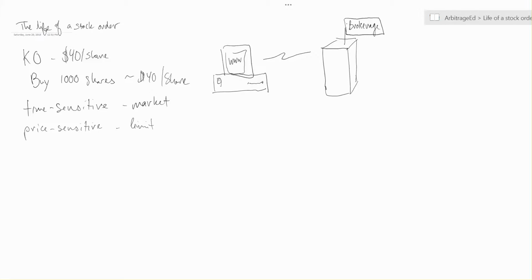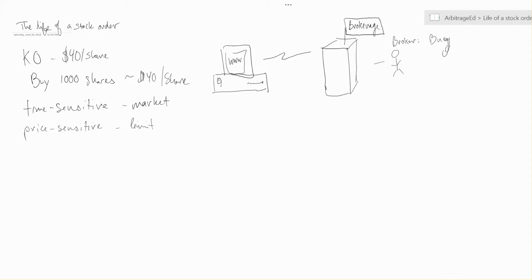Your brokerage firm has a broker who is the agent of the brokerage firm sitting on the exchange pit. So we wanted to do a market order. So you've sent your broker the instructions to buy 1,000 shares of KO and pay market. So what happens?